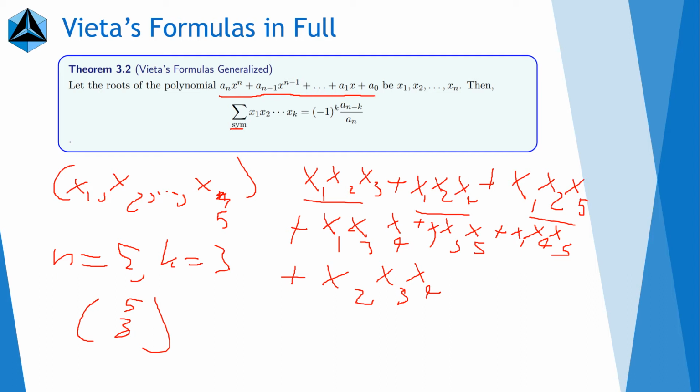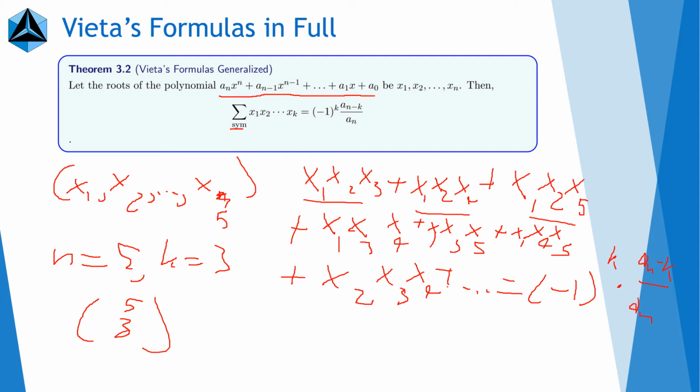Those are all the different combinations of 1, 2, 3, 4, 5 of size 3. And so we just add all those together. And this is going to be equal to negative 1 to the k times a sub n minus k over a sub n.